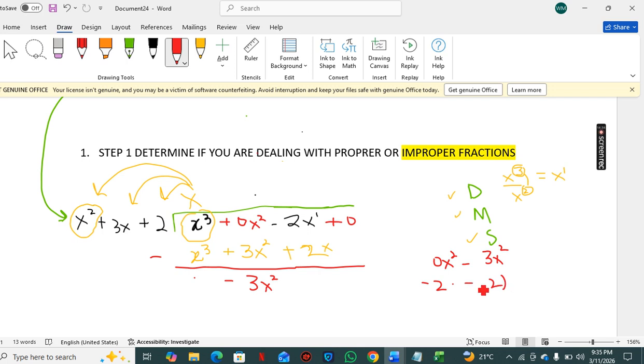You get negative 4. Negative 4x, because the x is there. So negative 4x. Yes. Any questions? This is 0. You just drop it there. Plus 0. Any questions?